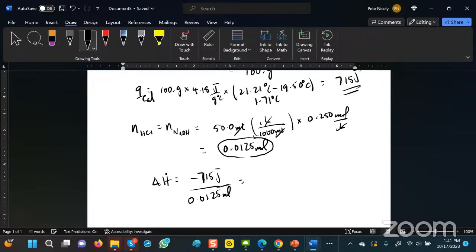So according to my calculation, this results in an answer of minus 57,200 joules per mole. Or if you want to express it in kilojoules per mole, it's going to be minus 57.2 kilojoules per mole. And that's how you do that.